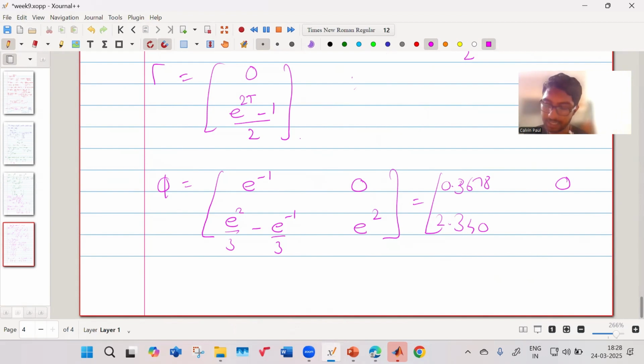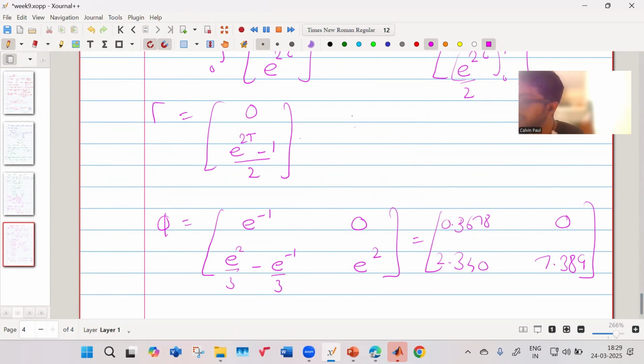And e raised to 2 is 7.389. Okay, so this is the phi matrix which we got. And what is the gamma matrix? That is 0, e squared minus 1 upon 2. So that becomes equal to 3.1945.